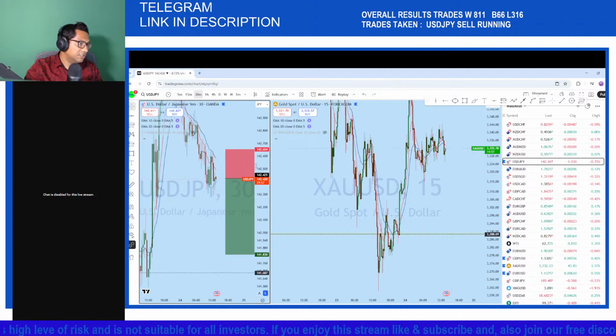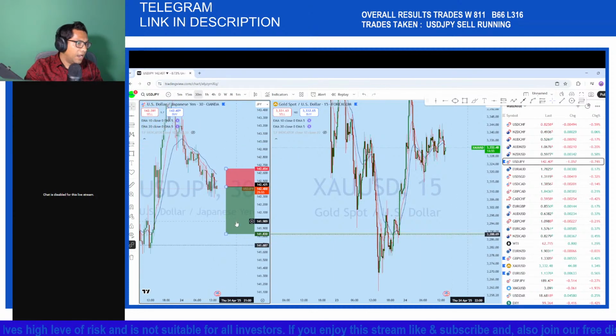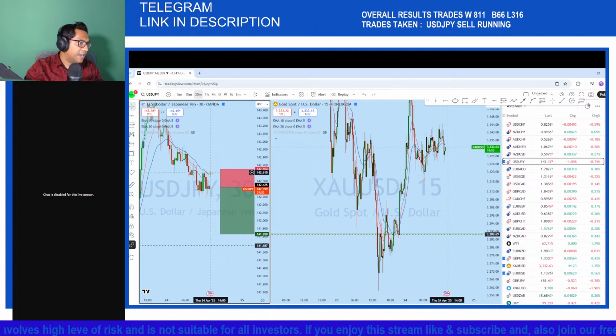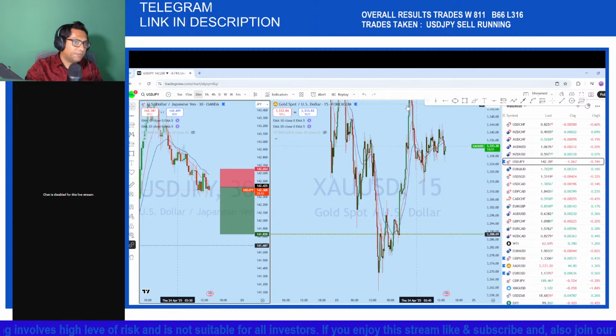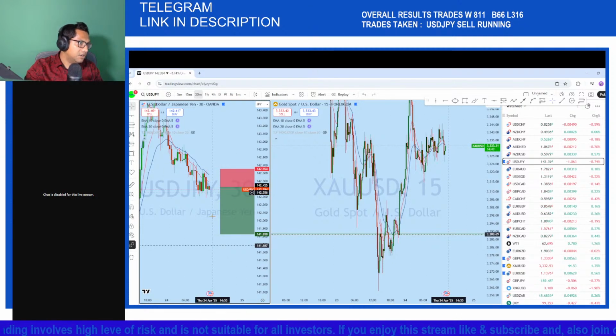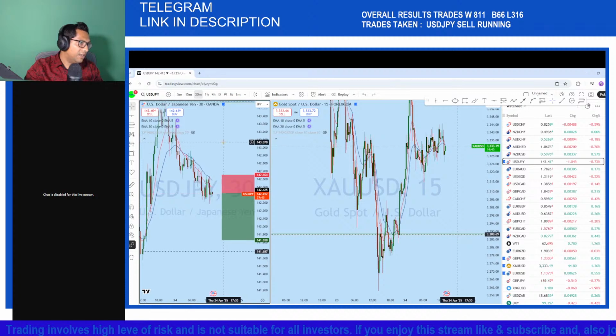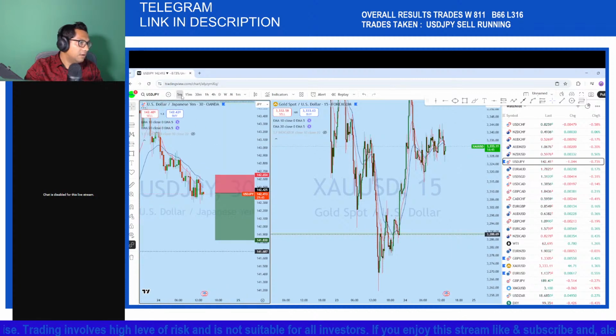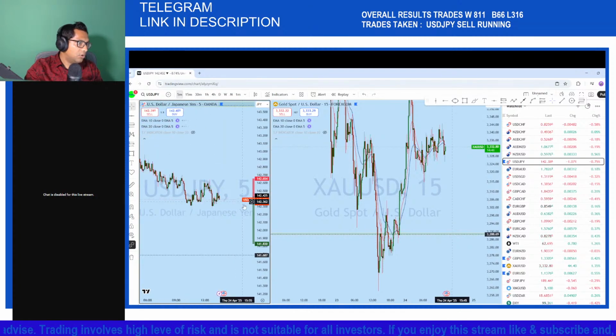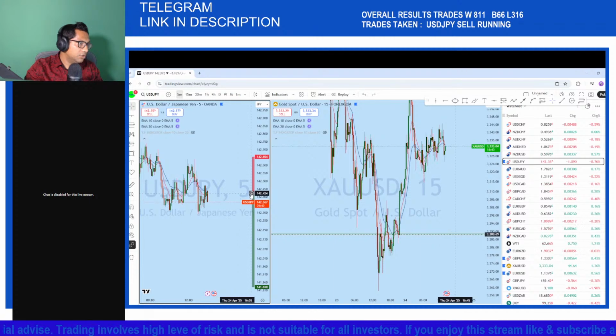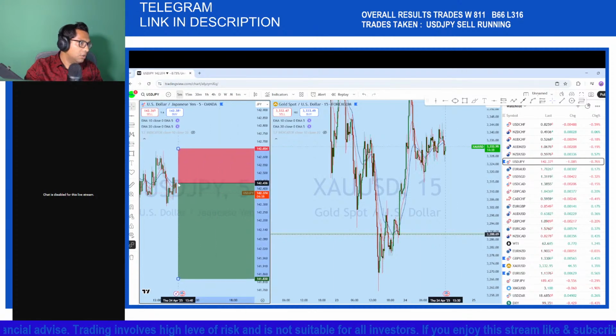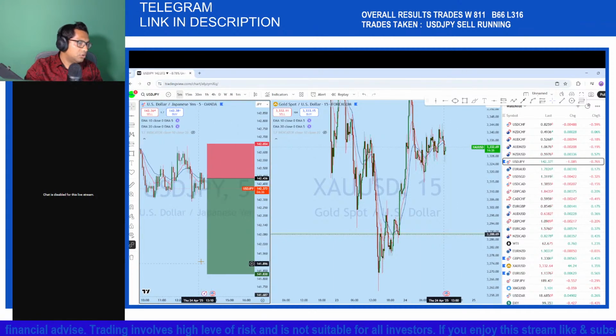You can see there is a 30-minute candle closed, and that being said, we expect it to again return to the support level here. A narrower candle formation, so we're waiting to see the market come back here to the support level.